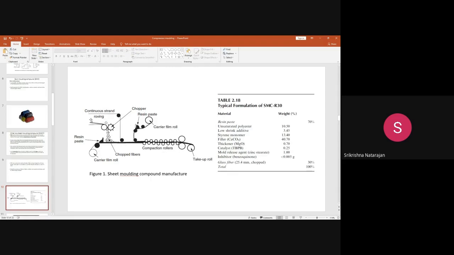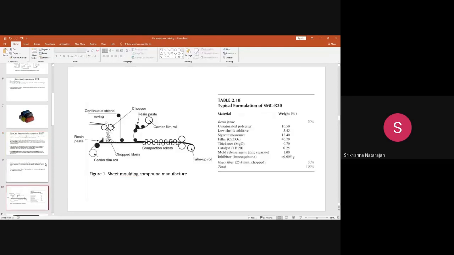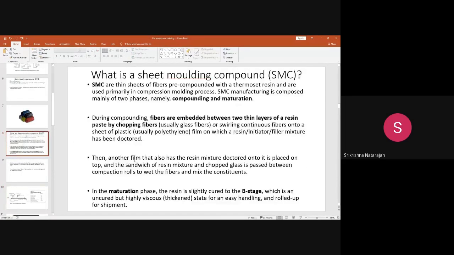This figure shows both processes. One is this particular process where there is a resin paste in contact with the carrier film roll, over which the chopped fibers are embedded. That is one way of doing this. As I explained in the previous slide, the fibers are embedded between two layers of a resin paste by chopping fibers. Or else, another film that also has the resin mixture doctored onto it is placed on the top.